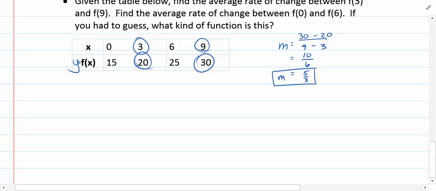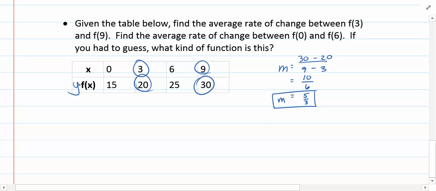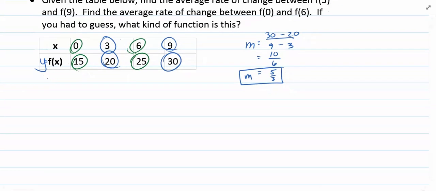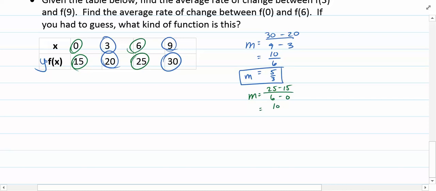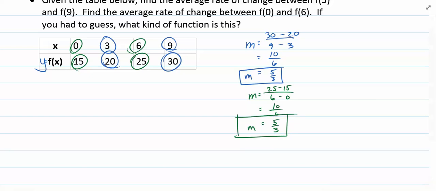Now, if I move on to the second set and I find the average rate of change between 0 and 6, so f of 0 and f of 6, I get this calculation. The slope is equal to 25 minus 15, and I divide that by 6 minus 0. Well, that also comes out to be 10 divided by 6, or in other words, reduced to 5/3. And so we see that these two slopes are the same.